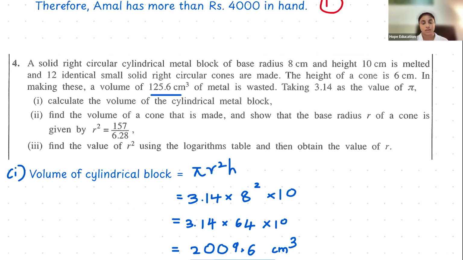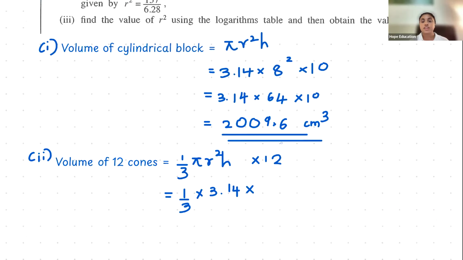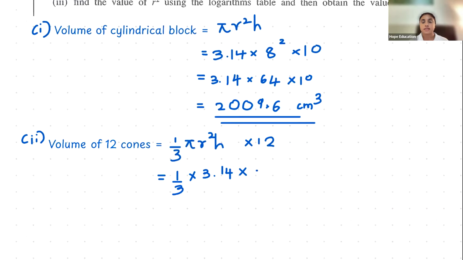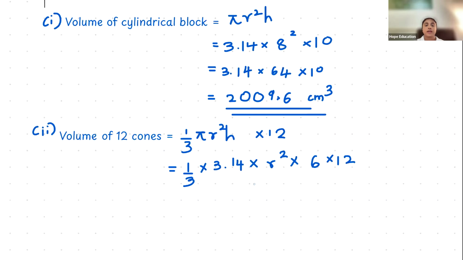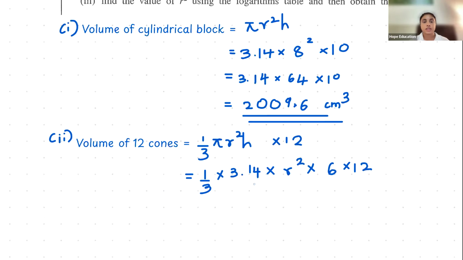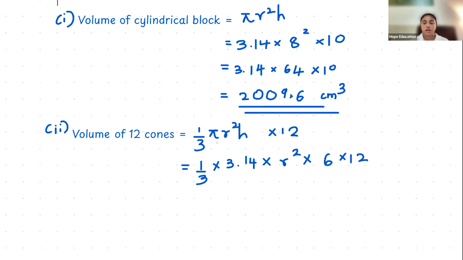That is what we have to find. h is what they have given as 6 centimeters. Then we have to multiply this by 12. Here we'll just do the calculation as normal. 3 times 1 is 3, 3 times 2 is 6, and the rest of it we have to multiply.